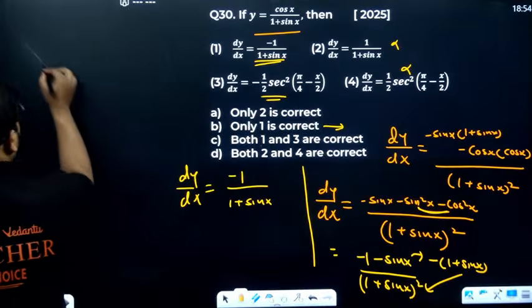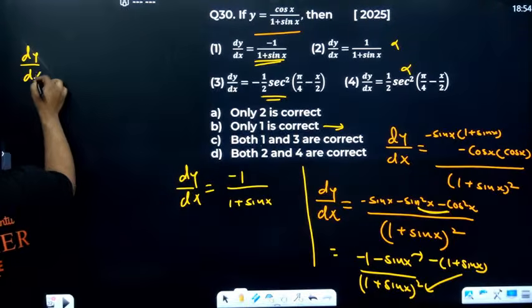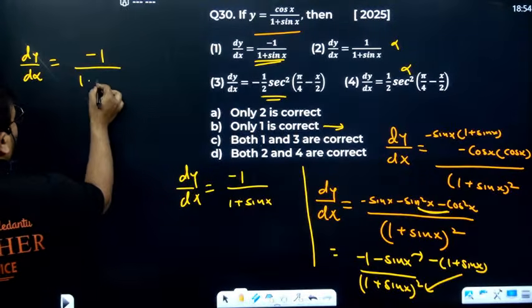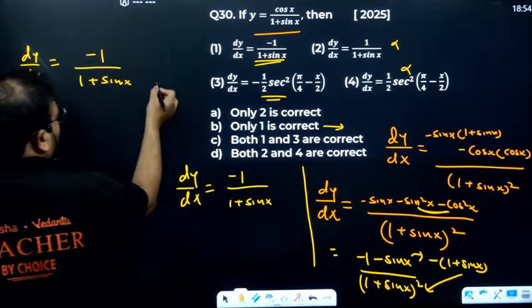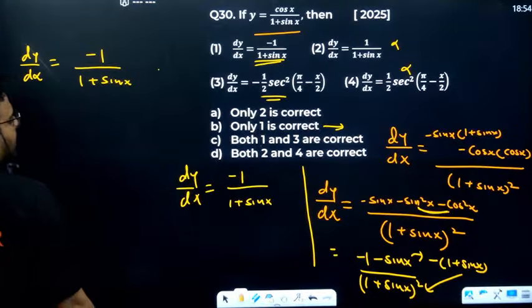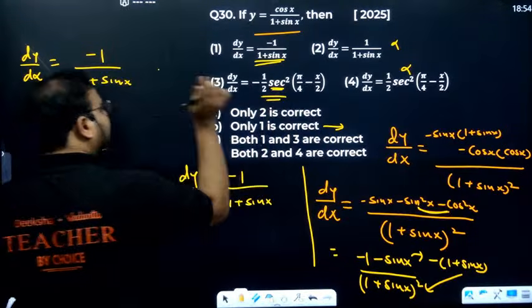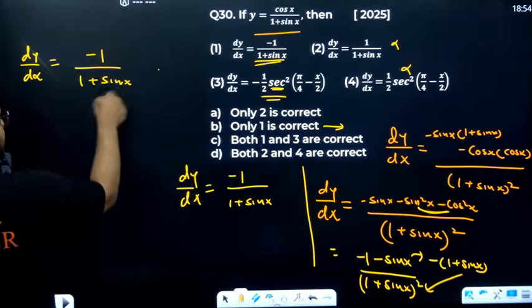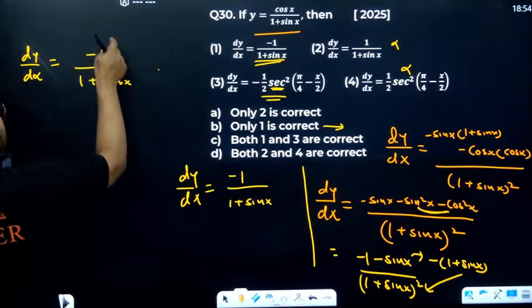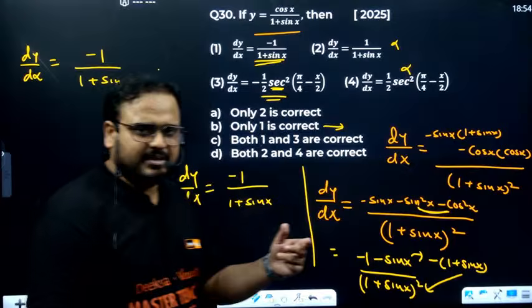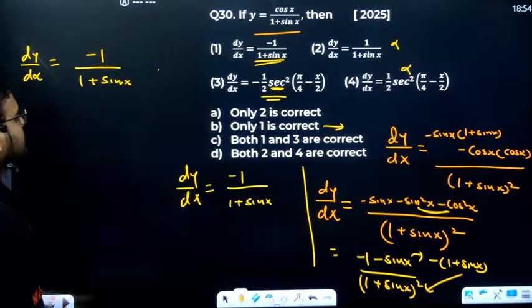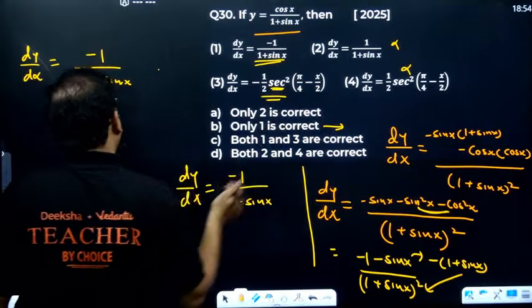Now when I am looking at this, dy by dx equals minus 1 upon 1 plus sine x. And I want to convert to this form. You can see I have sec square means I need cos square in denominator. I cannot do anything with the minus 1. It's a constant. But I can convert this into somehow cos square and I'll get the result.